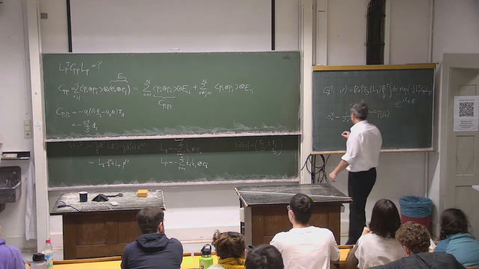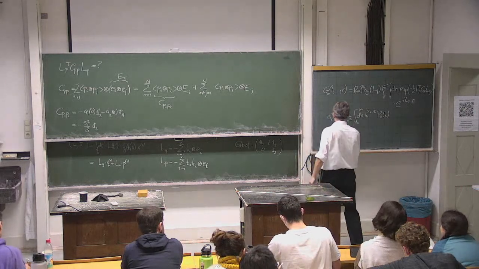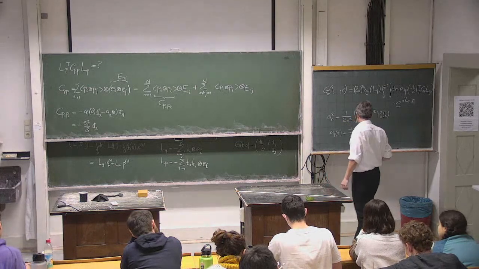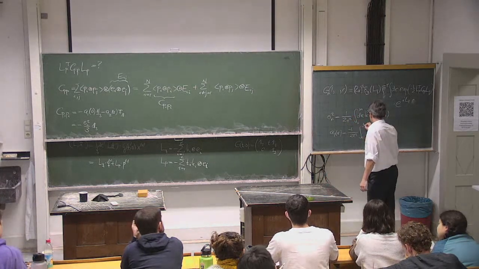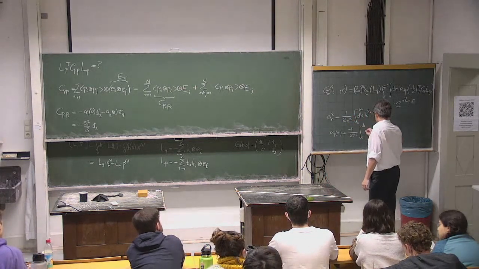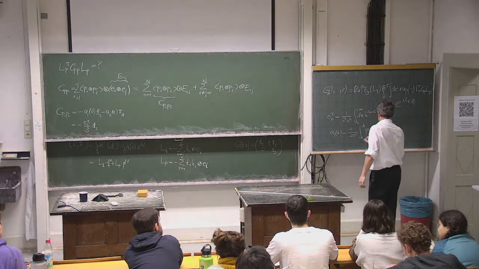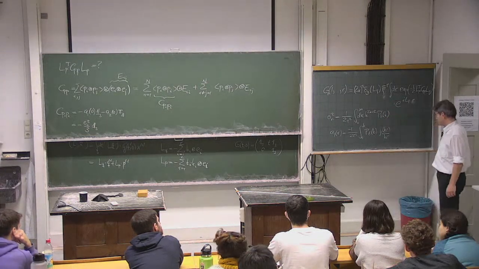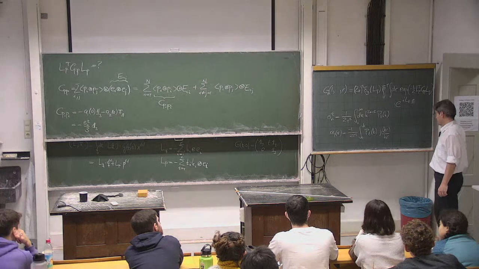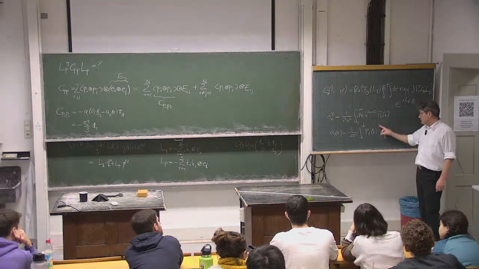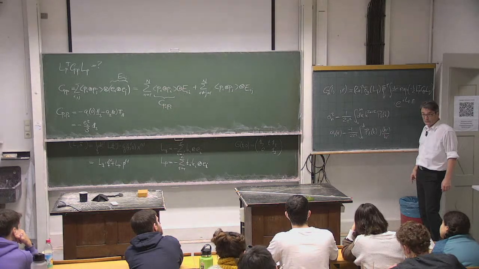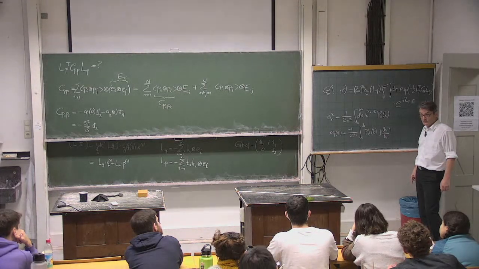But if you look at A1 of r, this is minus 1 over 2 pi squared integral 0 to infinity dk P delta of k j1 of kr divided by kr. This goes to 1/3 for r to 0.